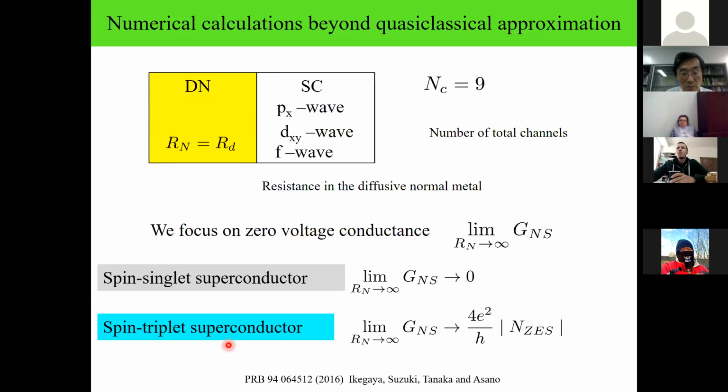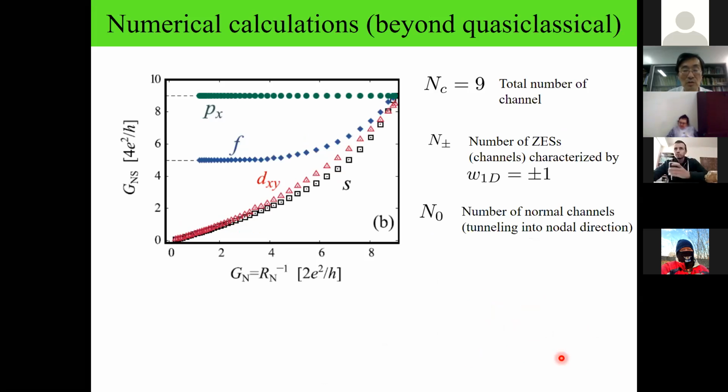On the other hand, in the spin triplet case, it can be quantized and it is proportional to some special integer. What is this integer? It's relevant to the Atiyah-Singer index, but we would like to mention that here. Then Suzuki-san and Ikegaya-san did numerical calculations, and they plotted the total conductance like that.